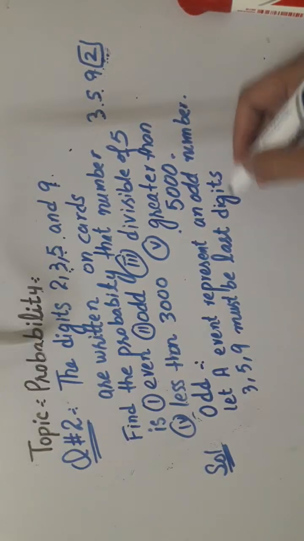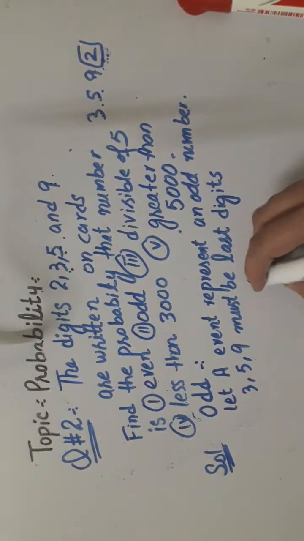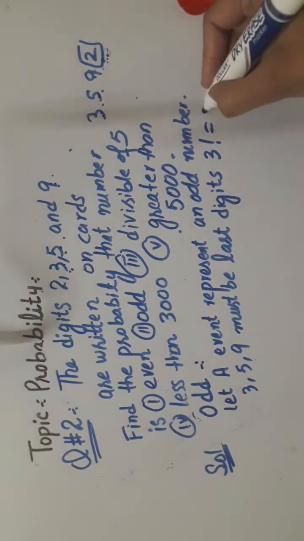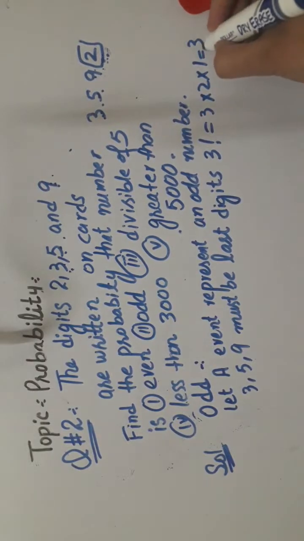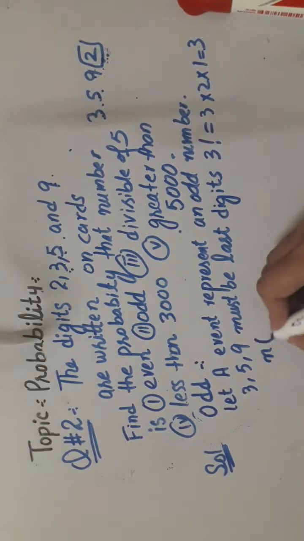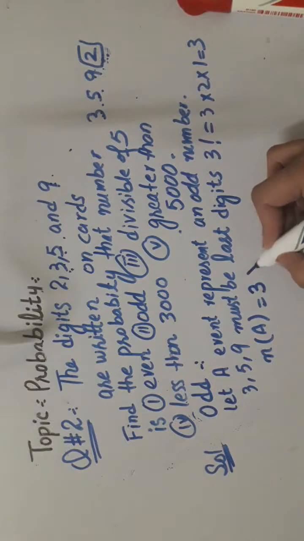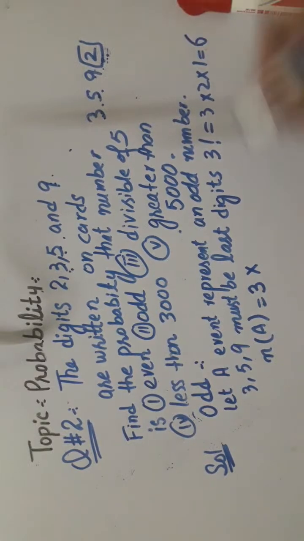So the last digit has the permutation of 3 numbers. So we get 3 factorial, which means 3 multiplied by 2 multiplied by 1, which is equal to 3. But the total number of elements present in this is 3 multiplied by 6, because you will change the positions of these 3 numbers.